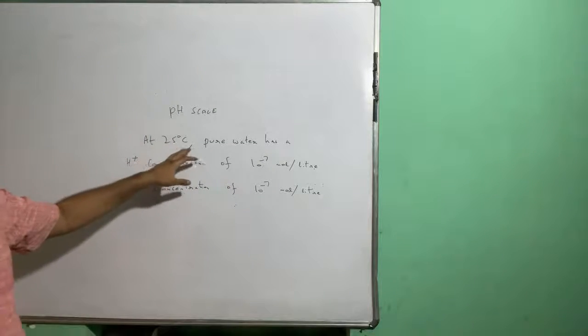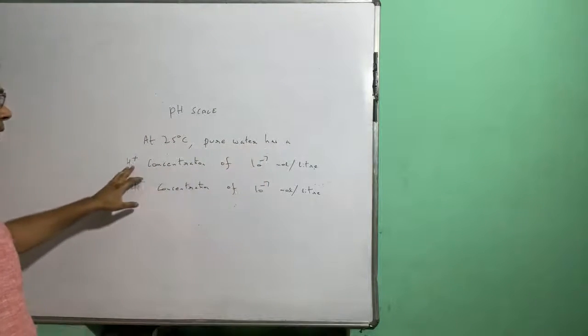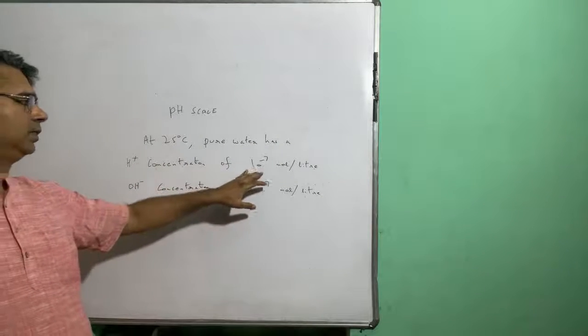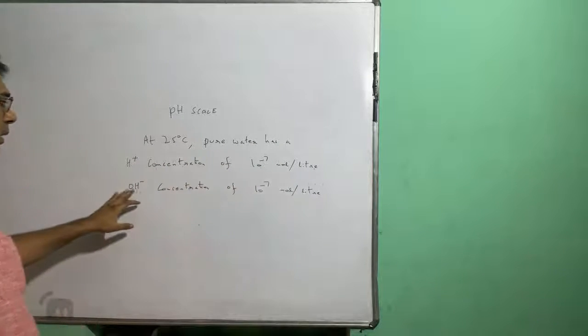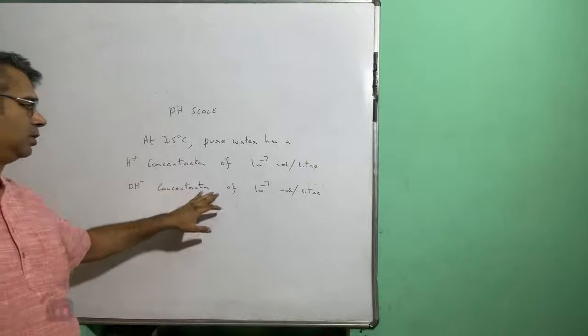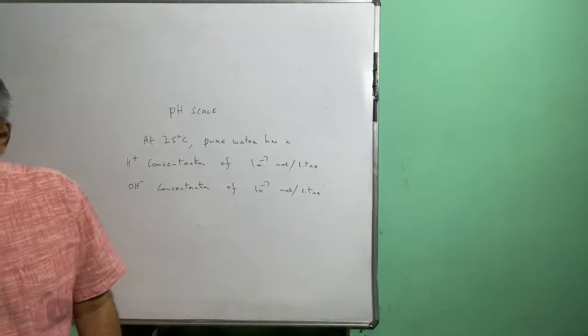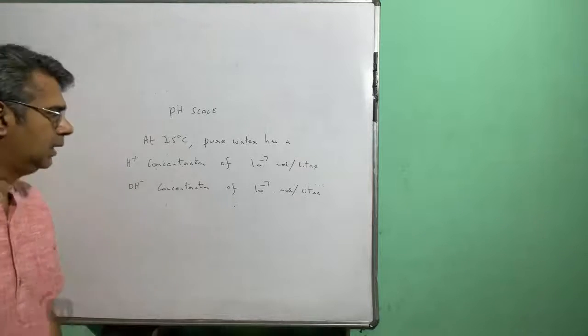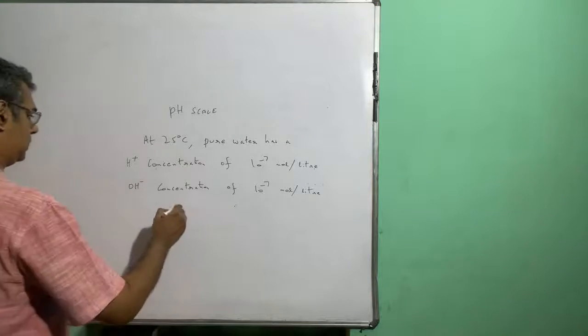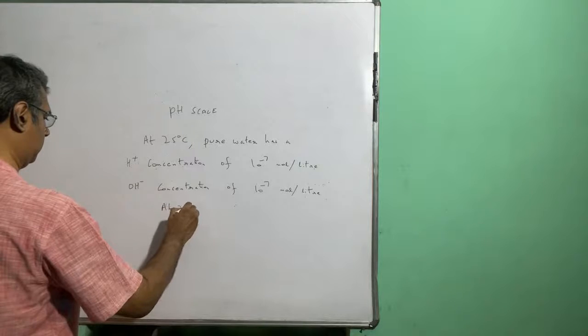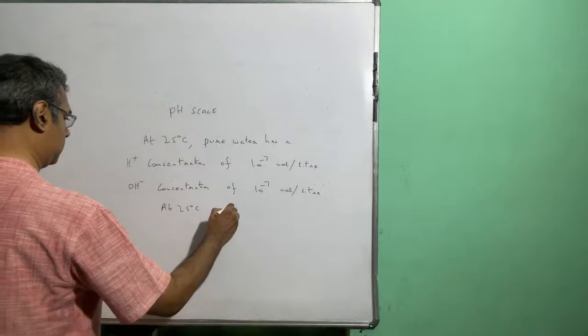So a lot of chemical measurements and value calculations are done at 25 degrees Celsius. At 25 degrees Celsius, pure water has a hydrogen ion concentration of 10 to the power minus 7 mole per liter and an OH minus concentration of 10 to the power minus 7 mole per liter.